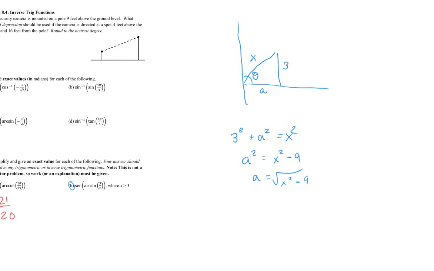So now our cosine is going to be our adjacent, the square root of x squared minus 9, divided by our hypotenuse, which is x. That gives our secant as x over the square root of x squared minus 9.